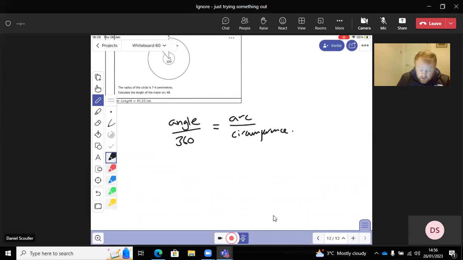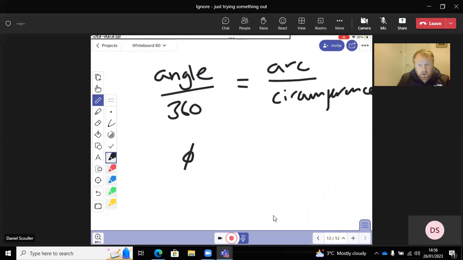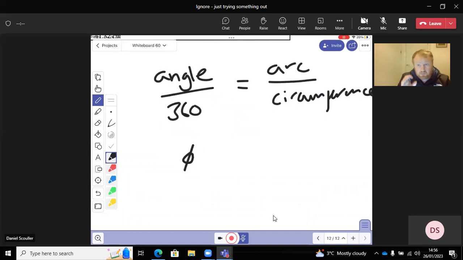If you use the symbol we've been using for angle the whole way through, that symbol there is theta, and in mathematical terms that means angle. So if you see that wee symbol, that's what it is. So angle over 360 equals the length of the arc over the circumference, and the circumference is pi times diameter.